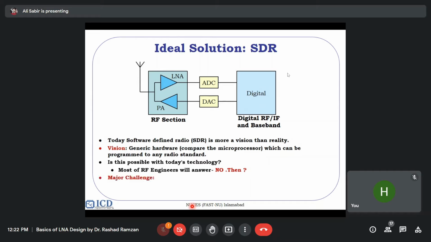This means the major challenge is that after the LNA, we need some kind of frequency translation. We have an antenna, we have an LNA, the weak signal is amplified, and then we translate it down, and then we use the A to D converter just to reduce the sampling rate of the A to D converter.